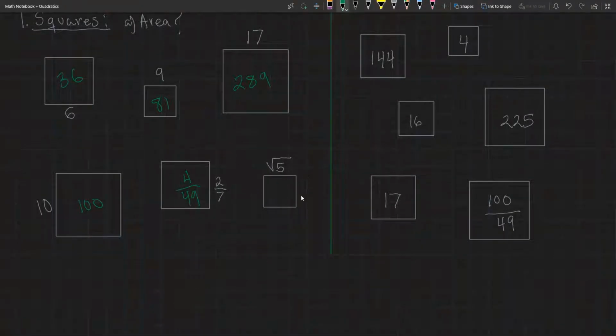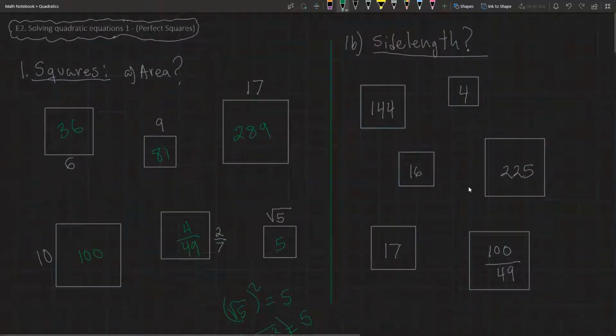But the square root of 5 times the square root of 5 is the same as the square root of 5 squared, which simply becomes 5. The area is 5, all right? So hopefully you remember that this is a 5. Another notation for this is if the square is inside the square root, like this, that's still a 5.